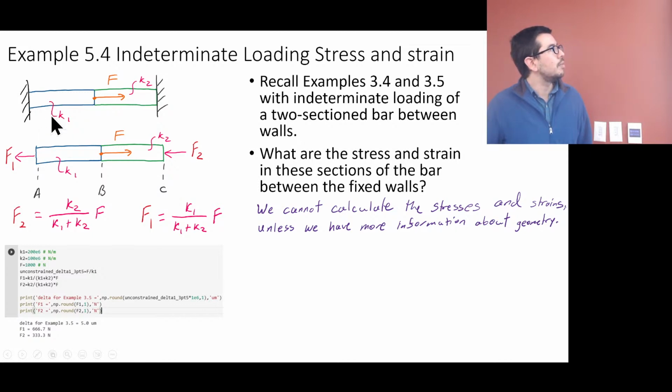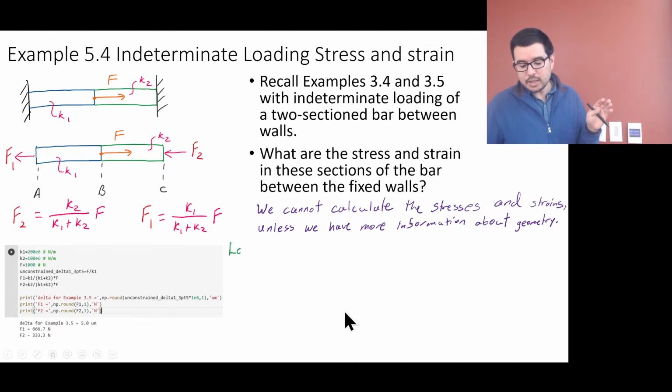But if I told you the length and what the material was, then I know the length of this section and the resulting delta. Because I know the elastic modulus and that length, I know the strain, and I can then relate it to stress because sigma is equal to E epsilon. I don't know how many times I've said it, but it gets said again.